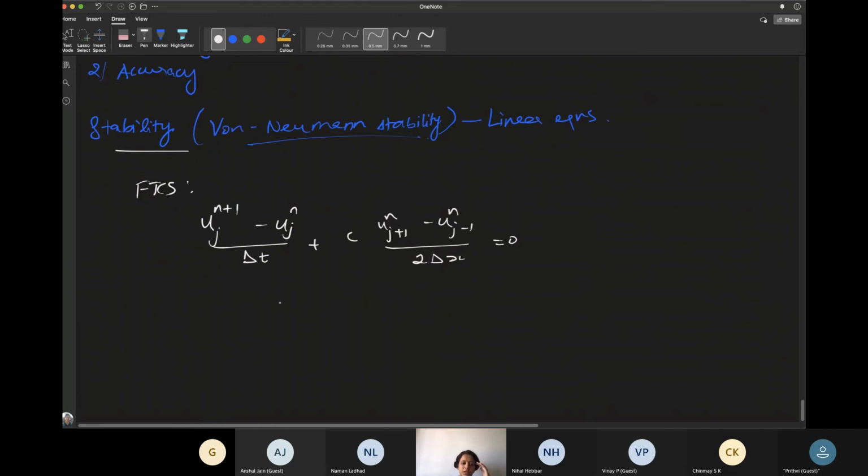So for this, your U, the U that you get from this equation, is the exact solution for your finite difference equation.